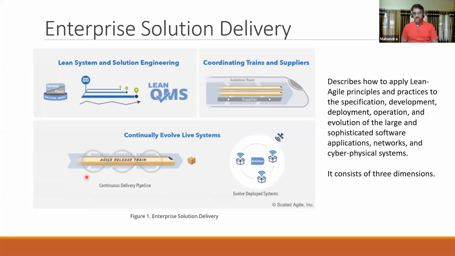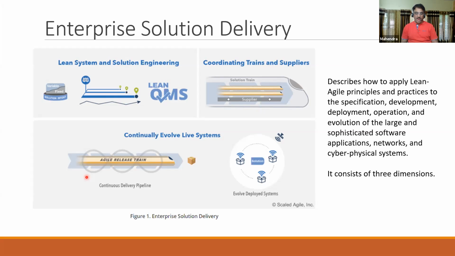Enterprise solution delivery, this once again has three dimensions. This competency talks about how one agile release train caters for one particular value stream.